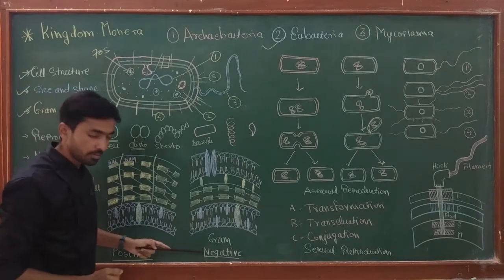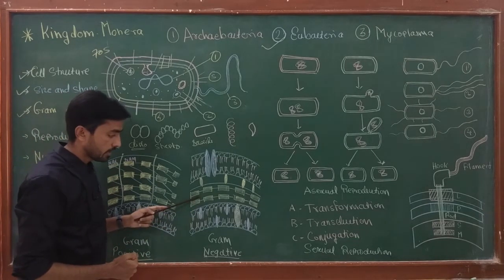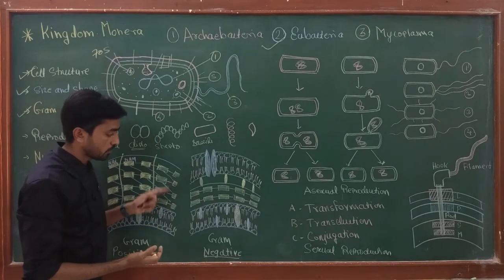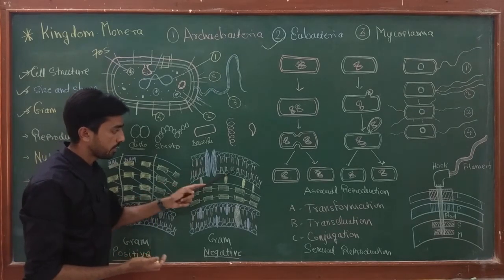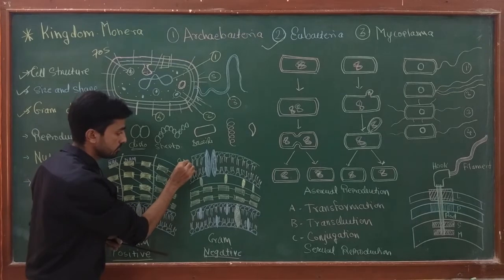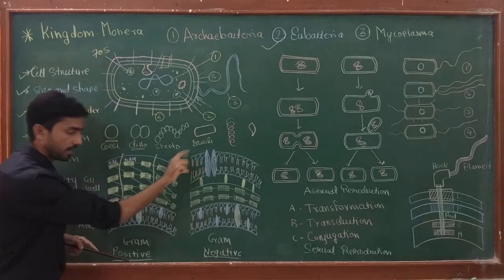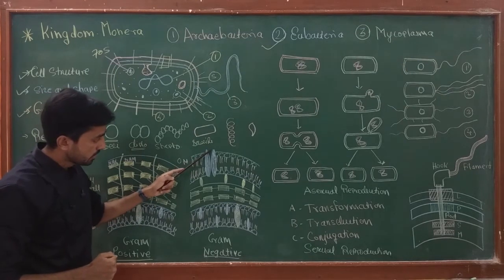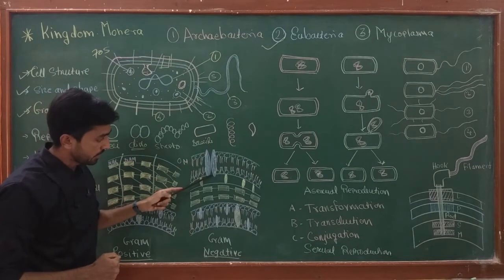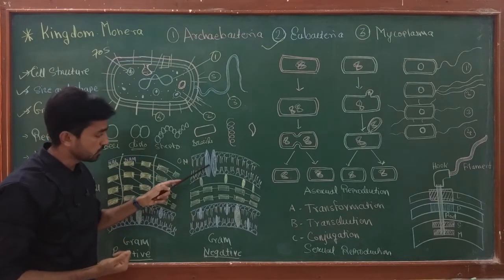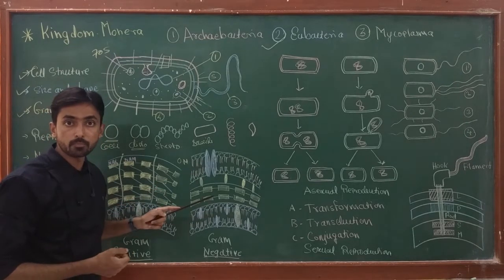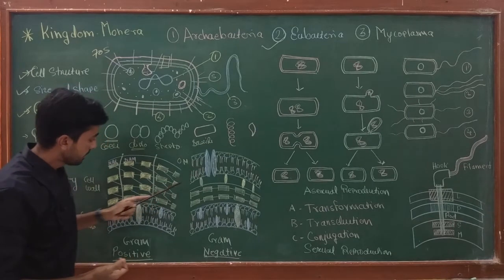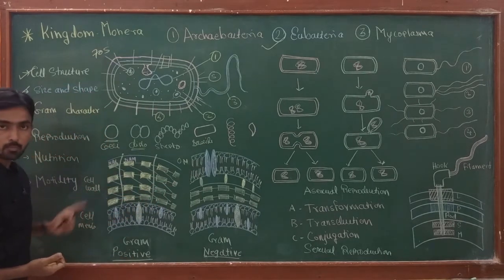So in gram negative organisms, the peptidoglycan content is very low, and outside the peptidoglycan layer, an outer membrane is present. This outer membrane is made up of lipopolysaccharides, and it shows a number of different openings for transport of molecules, made up of proteins called porins. This outer membrane is absent in gram positive organisms.